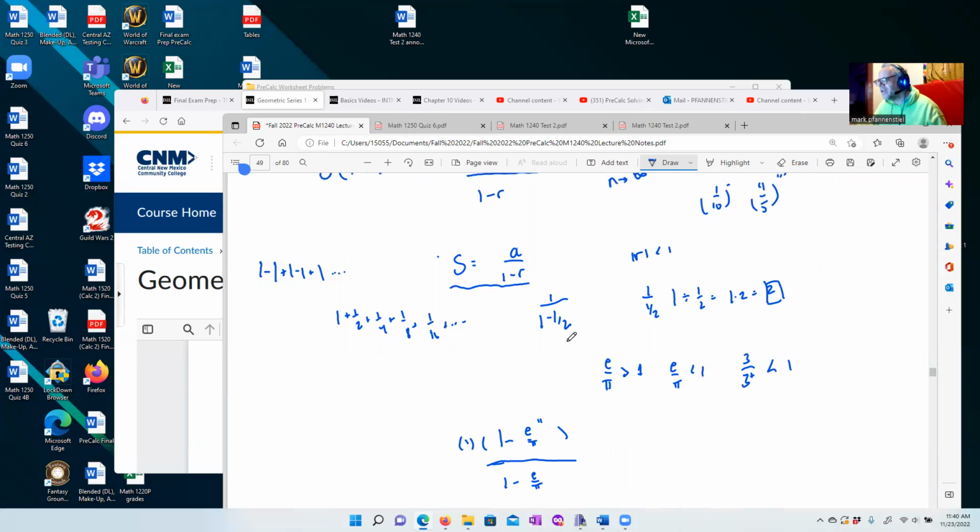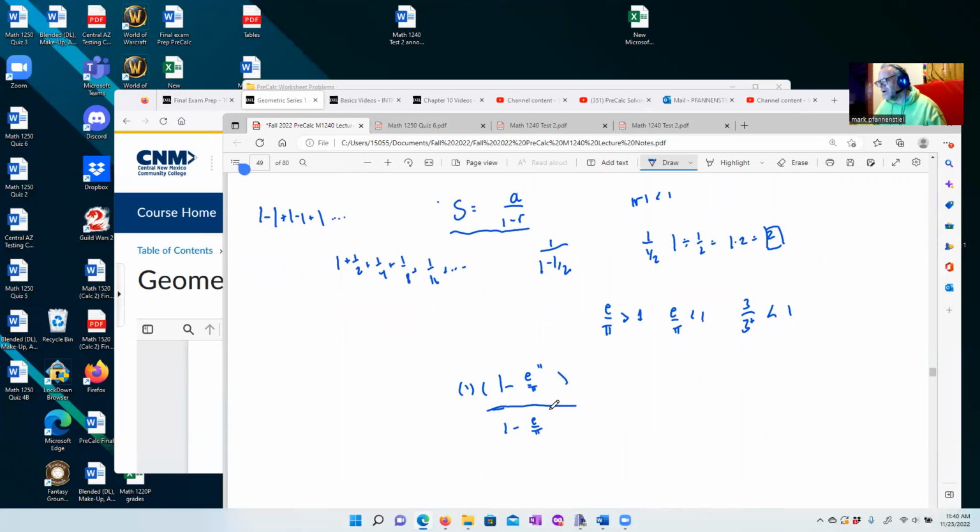In the infinite case, this n is going to go off to infinity. So this ratio here is going to go to 0 because it's less than 1. If I raise it to a bigger and bigger power, it gets smaller and smaller. So we have 1 over 1 minus e over pi.